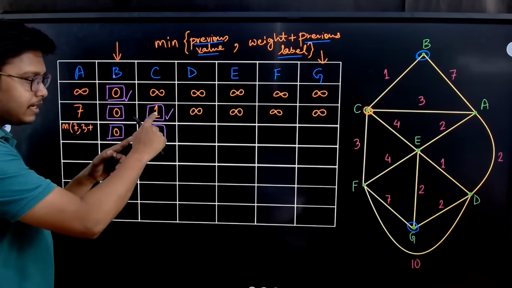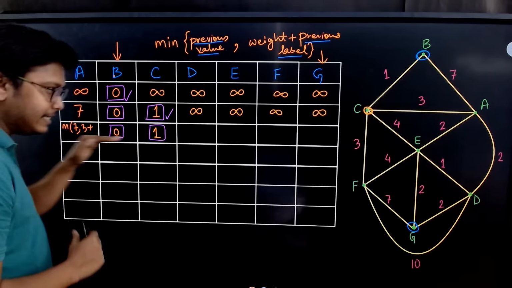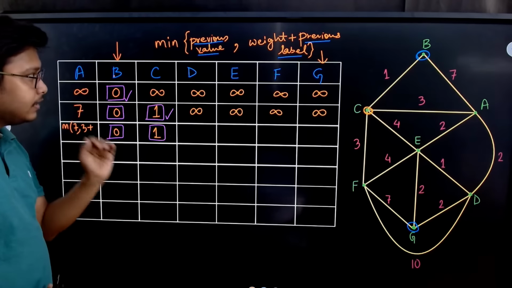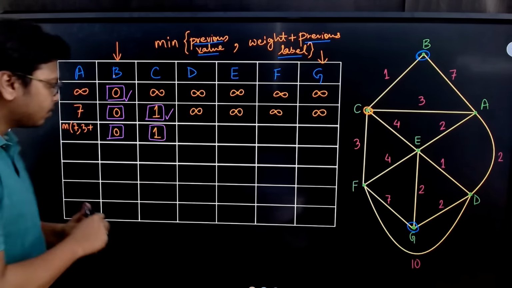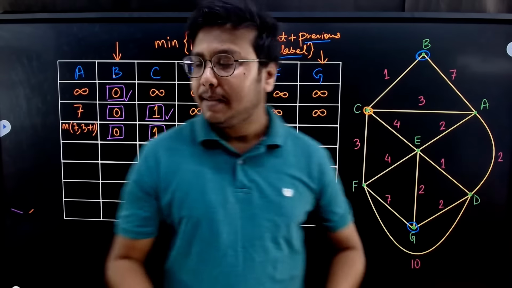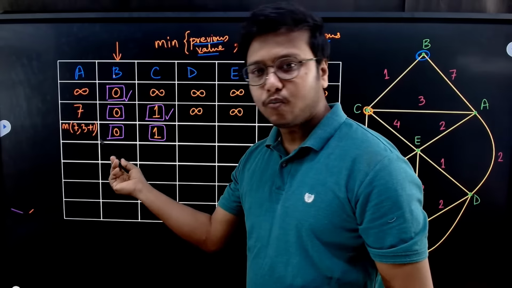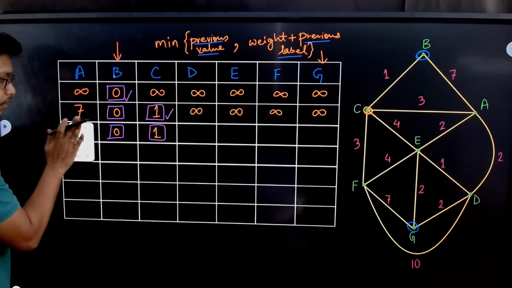Now what's the previous label? The previous label is not 0 anymore. Now it's 1. So for this entire row of calculation, the previous label is going to remain as 1, not 0 anymore. So now what's the calculation for this? Minimum of 7 comma 3 plus 1. So the minimum is 4. Okay, so I'll just fill this up with 4.